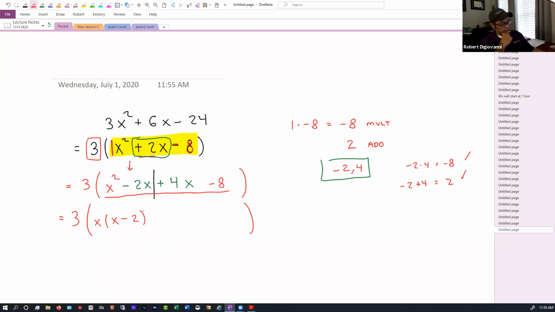And then how about the other one? Do y'all like that method where I just write down what it needs to be? Like, I know it has to be x minus 2 now, if it's going to work, right? And then just try and figure out what that number has to be. What would that number have to be to get me back 4x minus 8?